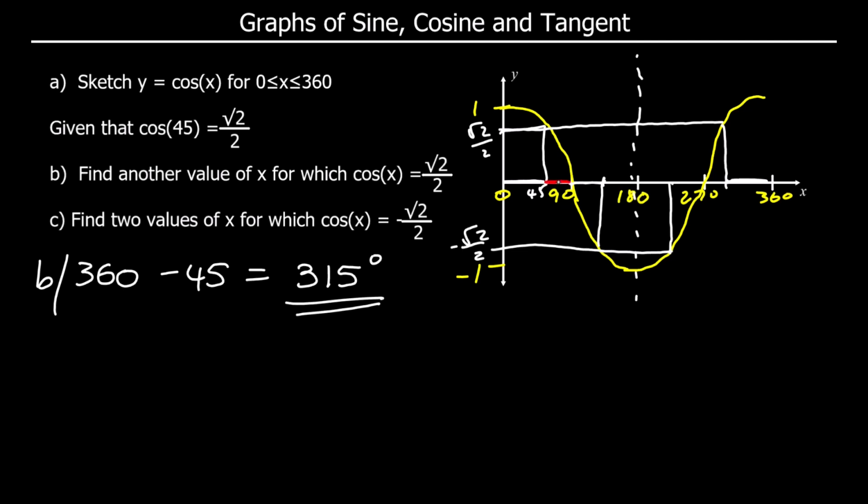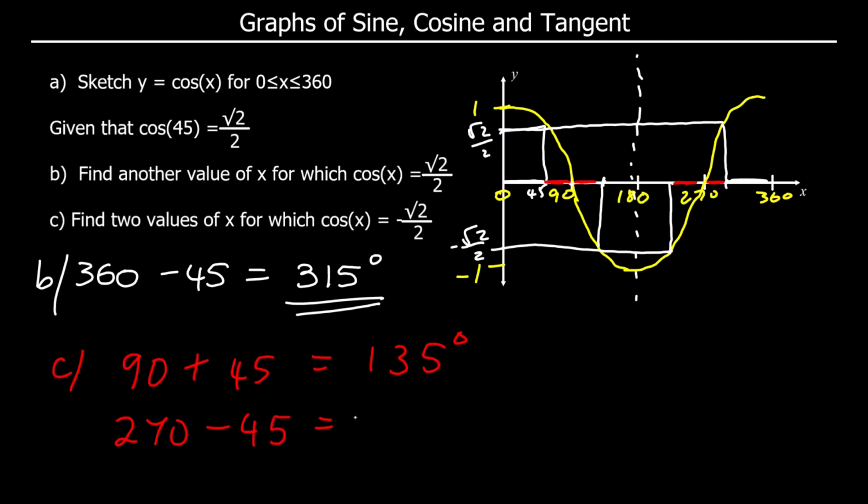So this gap here will be the same as this one here, and the same on the other side. So 90 plus 45 will be 135 degrees. And 270 minus 45 will be 225 degrees.